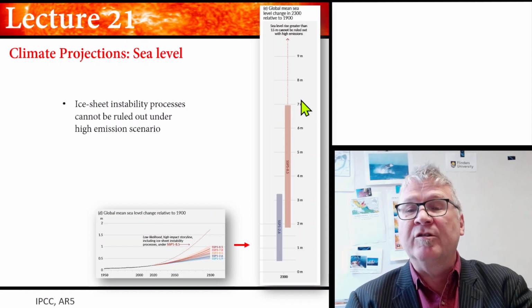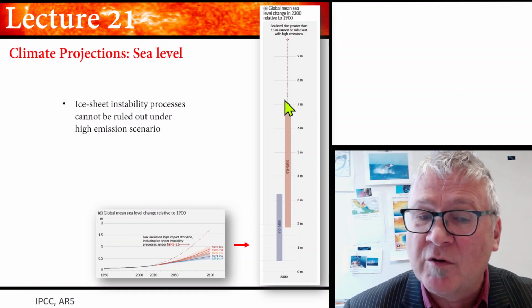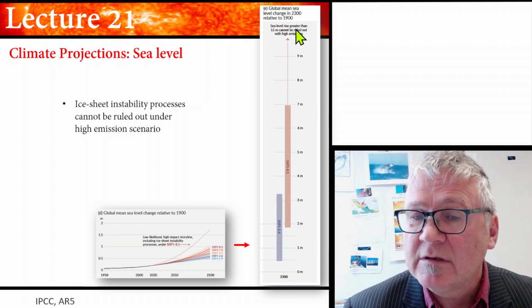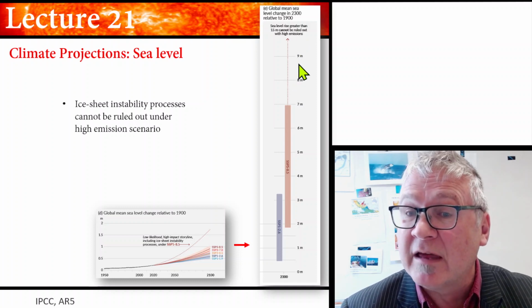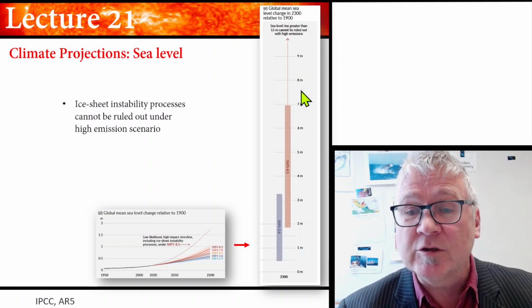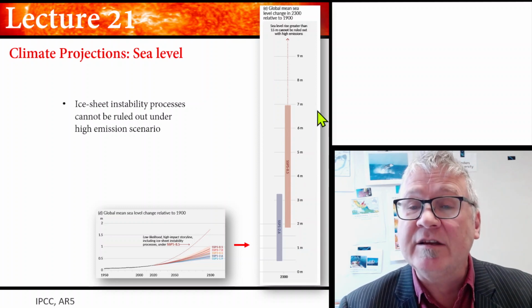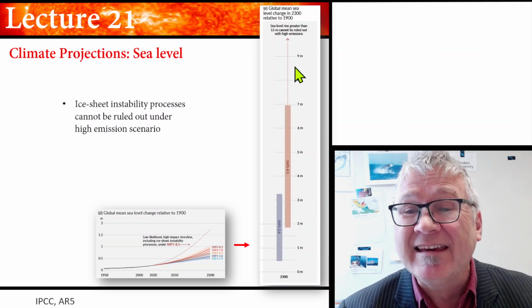Plus, it cannot be ruled out that ice sheet instability processes occur, which can lead to higher sea levels. And this is uncertain. It is a speculation, but it cannot be ruled out. So we're looking at significant sea level changes on a time scale of a few hundred years.